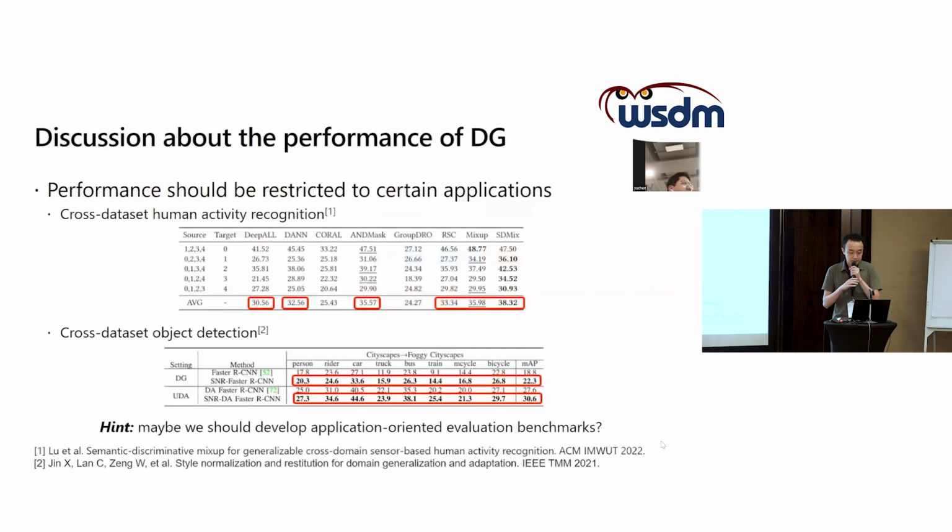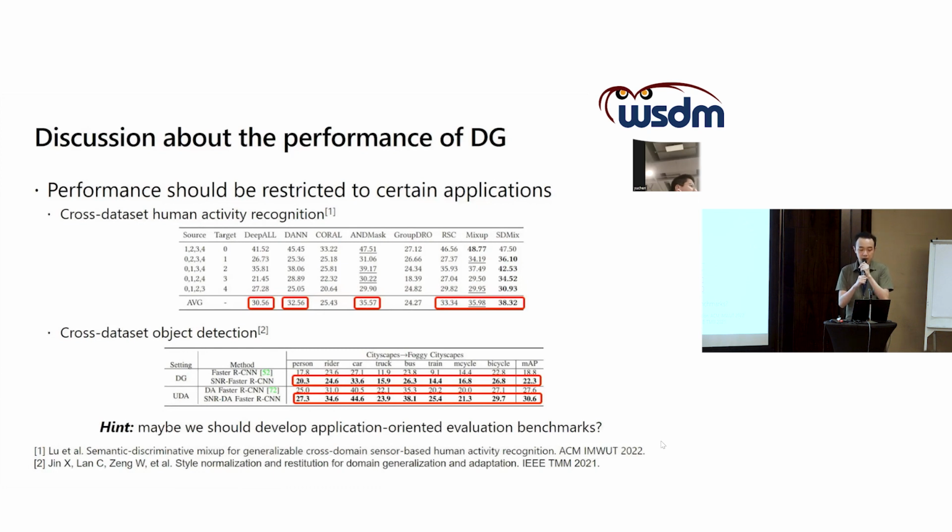Okay, so next, I want to show some discussions about the performance of domain generalization. Of course, now we always want to ask whether it is possible to come up with a universal algorithm which can be applied to all different tasks.